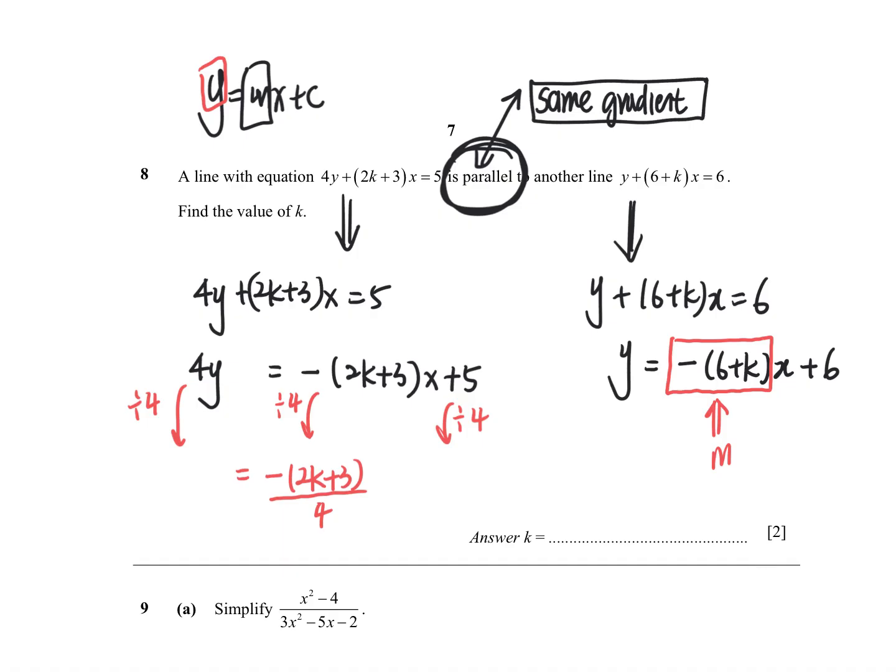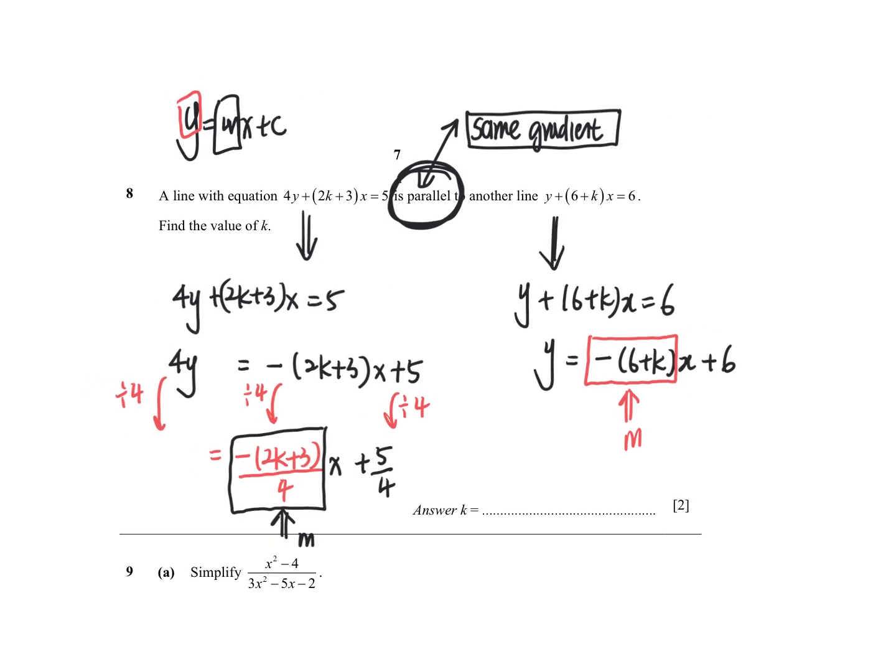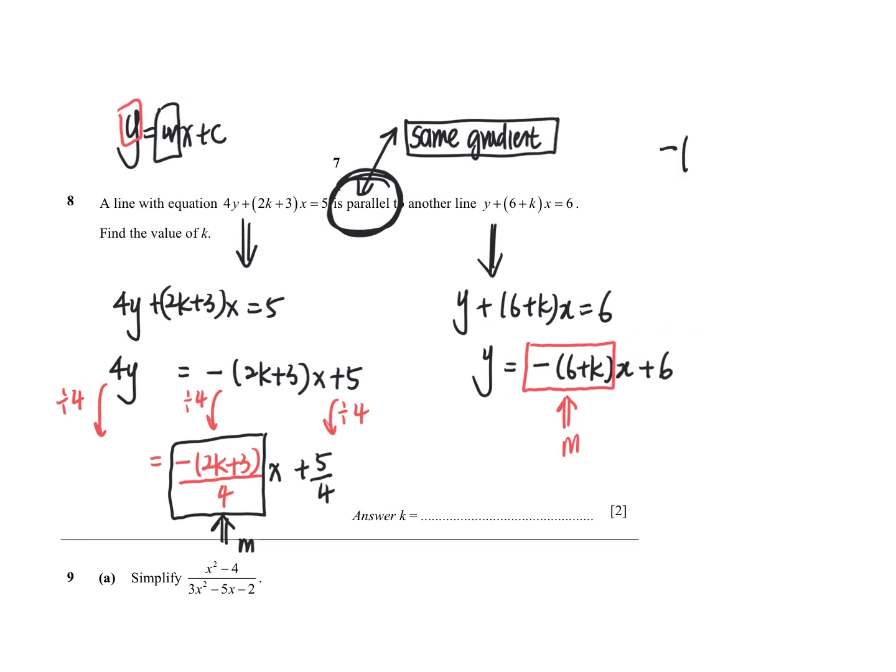And because they are parallel, they must be the same gradient. So I need this to be equal to this. So equate these two together. So minus 2k plus 3 over 4 must be equal to minus 6 plus k.